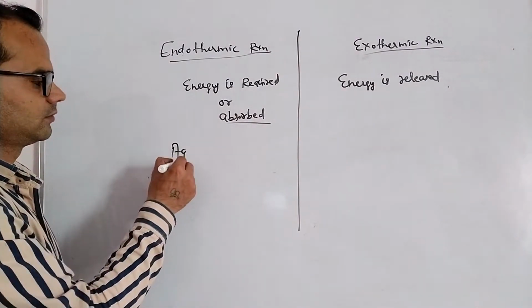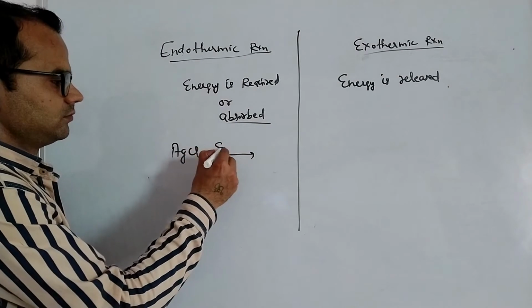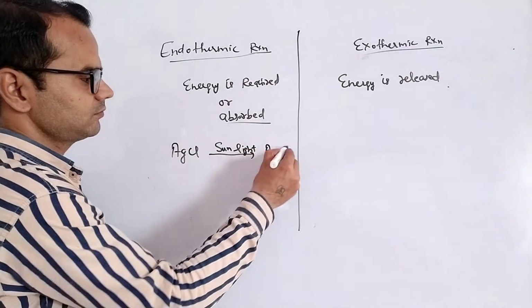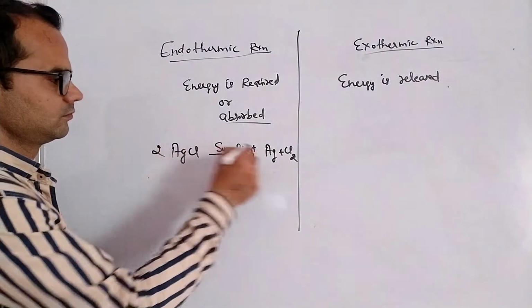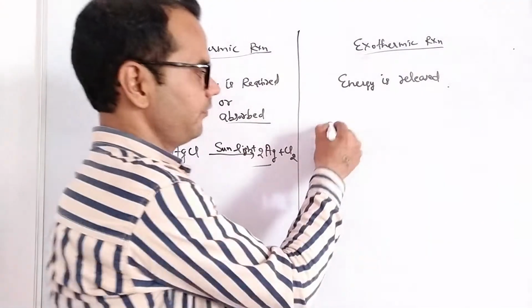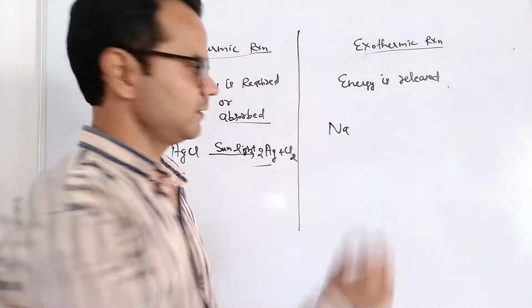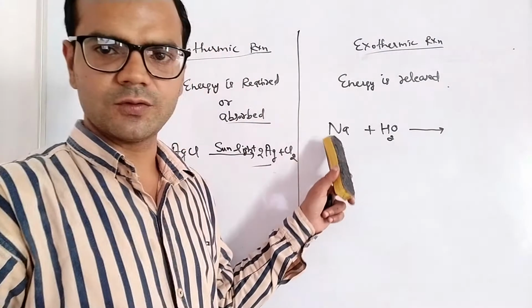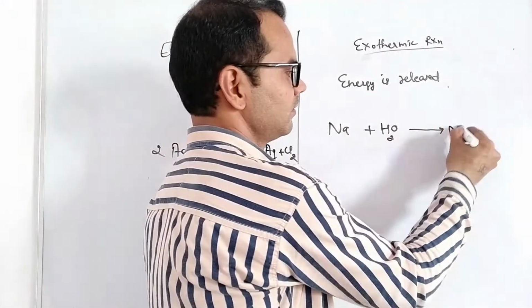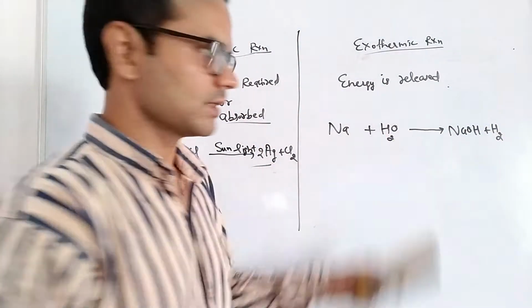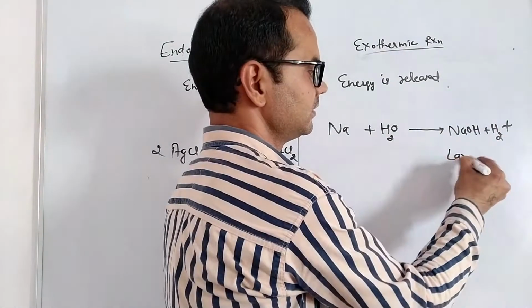Again, energy is required. Exothermic reaction: if a piece of sodium is dropped in water, then sodium hydroxide plus hydrogen gas is formed, plus a large amount of energy is released.